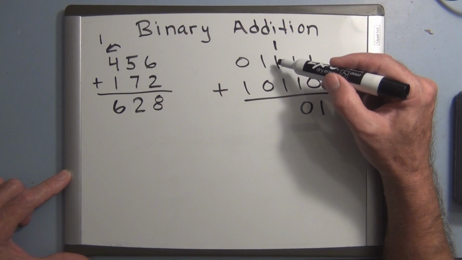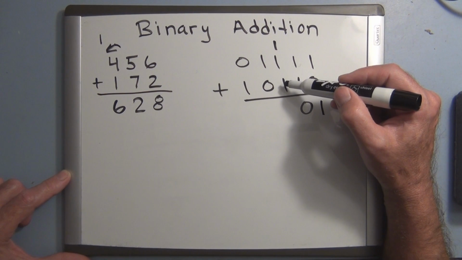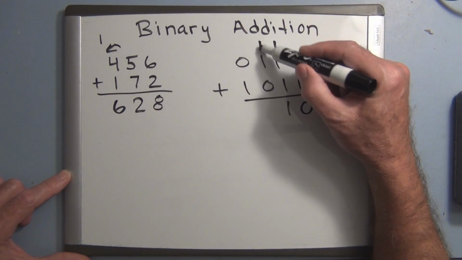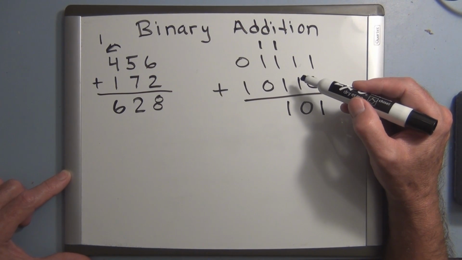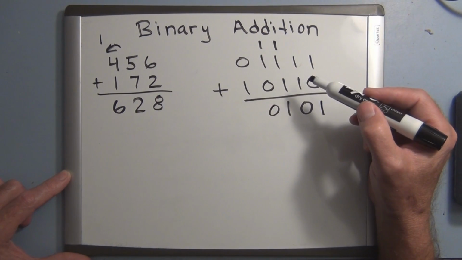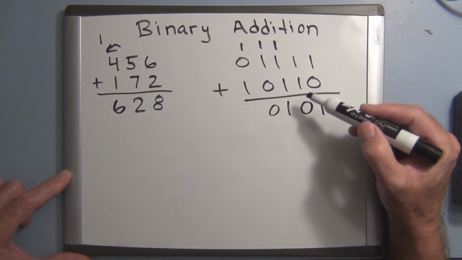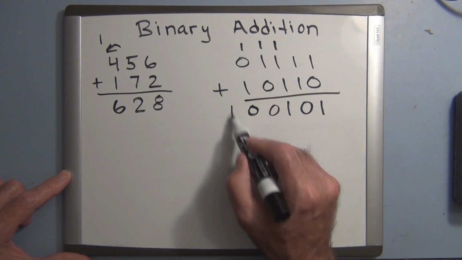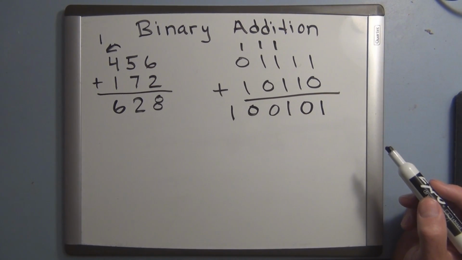And a 1 plus 1 plus 1 in binary is equal to a 1 plus a carry of 1 into the next position. So we have a 1 and a 1, which is a 0, with a carry of 1 into the next position, which is now equal to 0 with a carry of 1 into the next position.